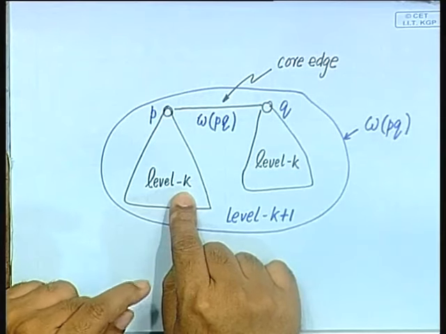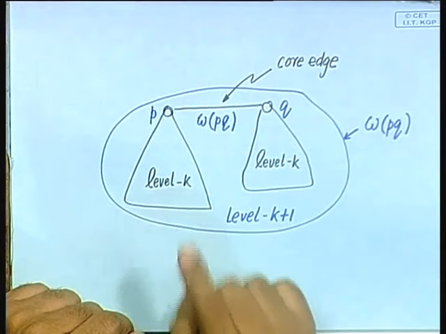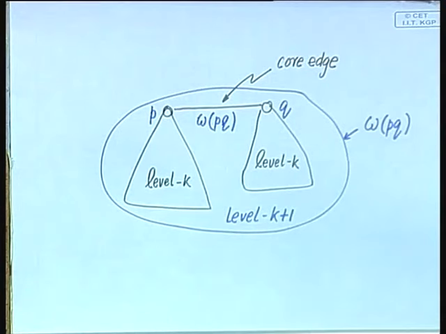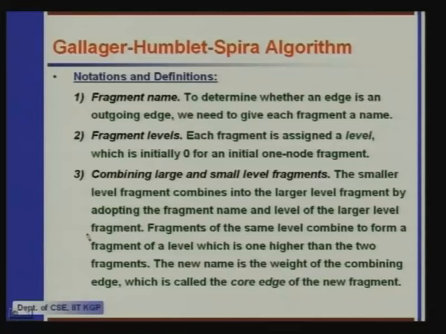Also remember that the edge which got added for merging the two fragments when the two are equal is called the core edge of the fragment.